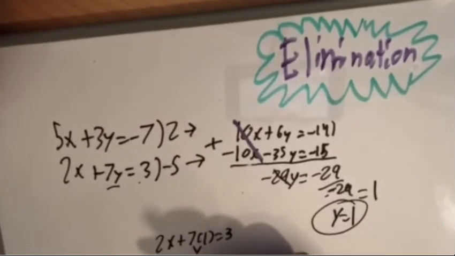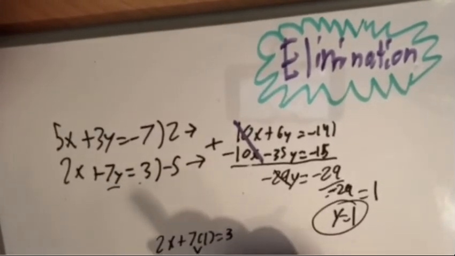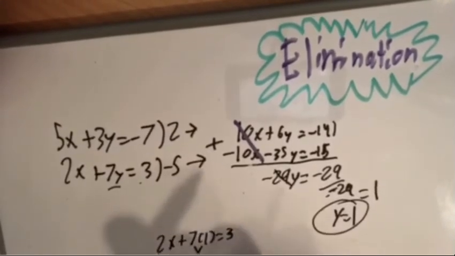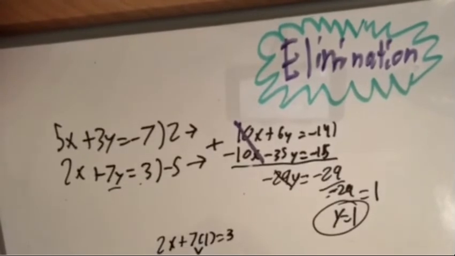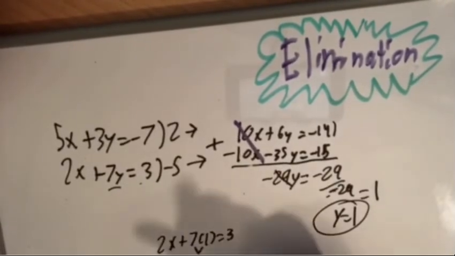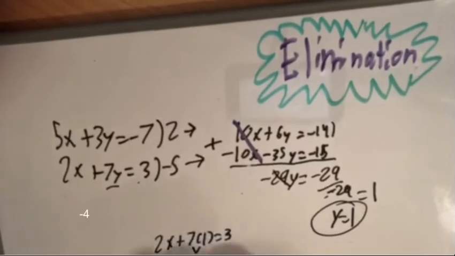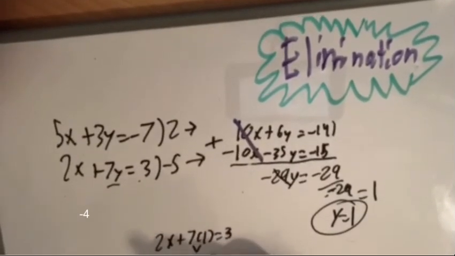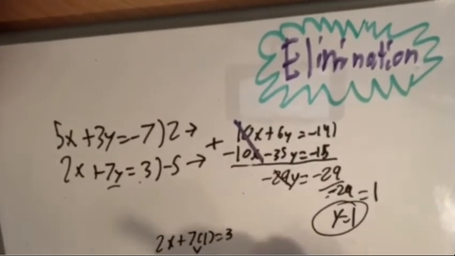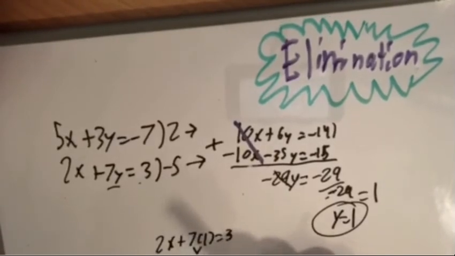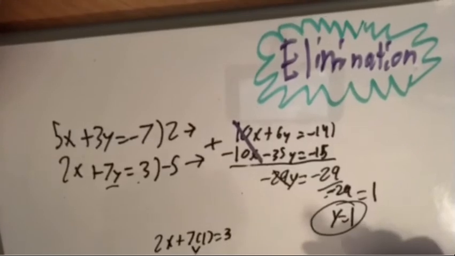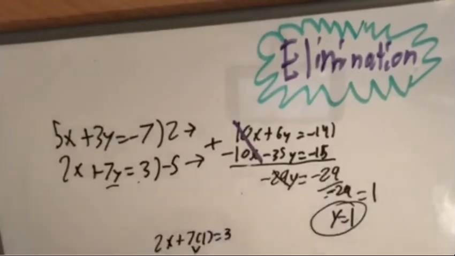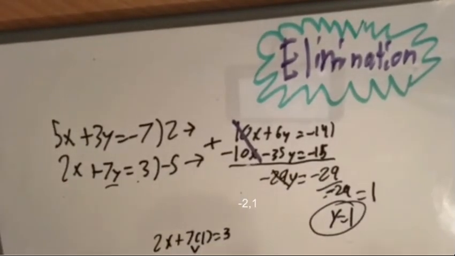Well, 3 minus 7 equals negative 4. And then we have our x, so we take the 2, cross it out, divide, and we get x equals negative 2. So now we're going to write this in the correct format, and we have negative 2, 1. There we go. Super simple and easy.